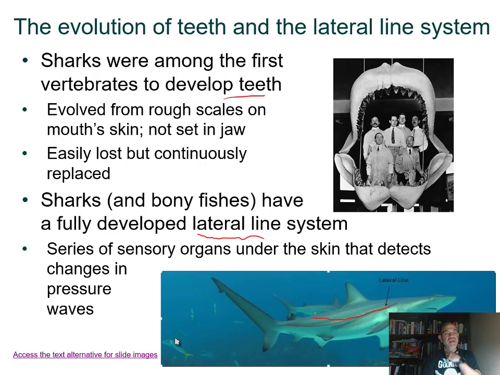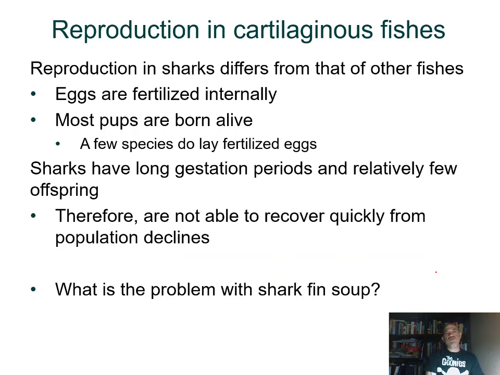So basically, they're able to sense vibrations in the water when other fish are swimming around and so on. It's almost like hearing, but for underwater. And so they're able to detect pressure waves under there and respond to them. Sharks also have some very special electrical receptors in the skin up in the head region, which is pretty interesting.